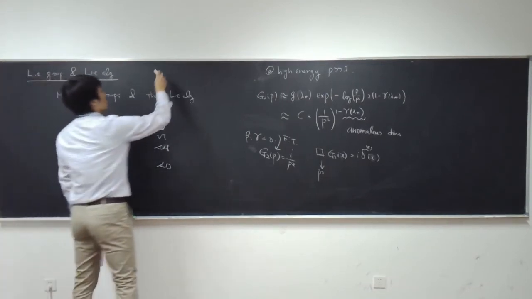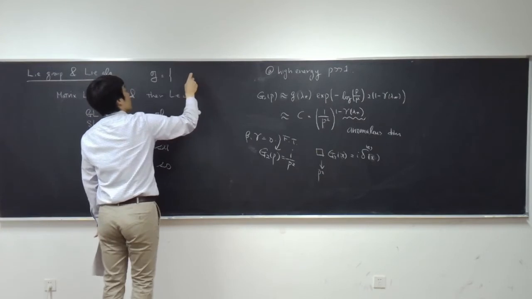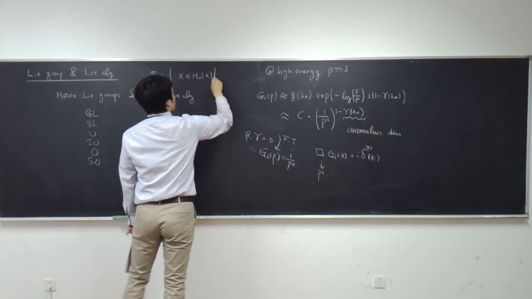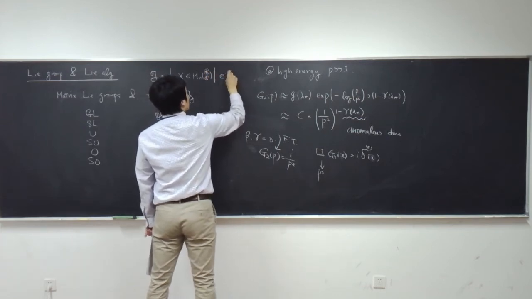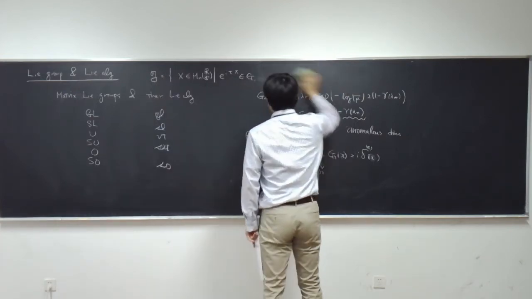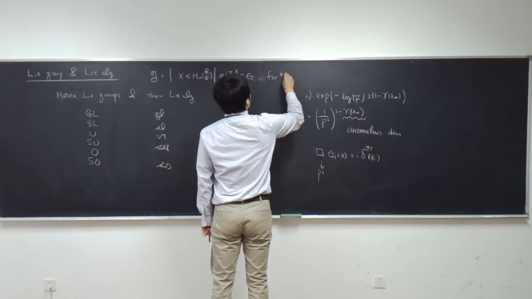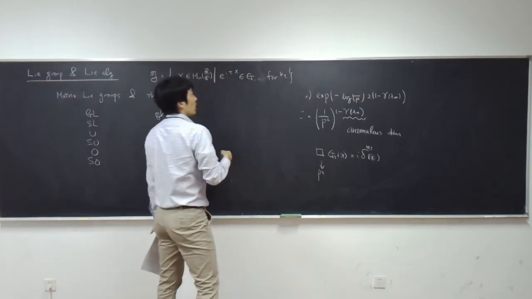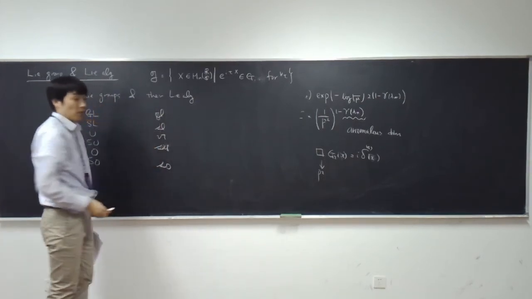In particular, the Lie algebra g is given by, in my lecture, the set of X in M_n of R or C such that e to the i t X is inside of the group G for any t.